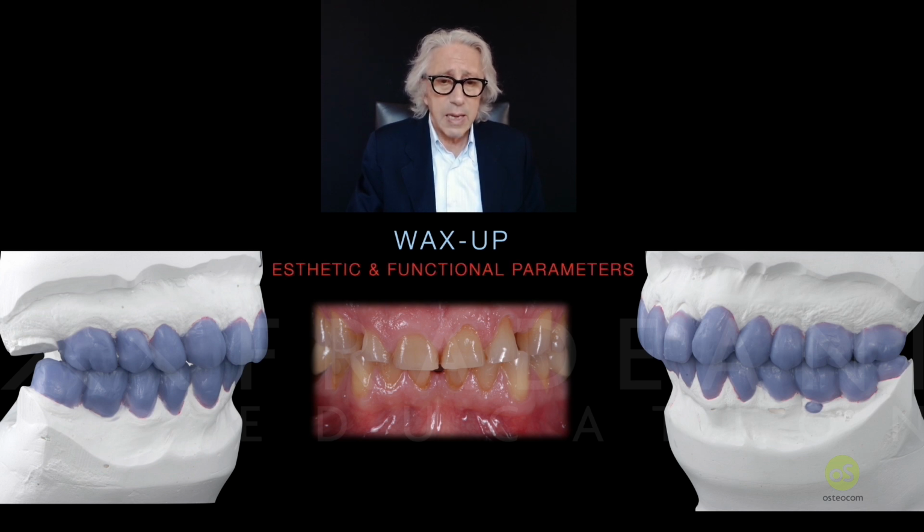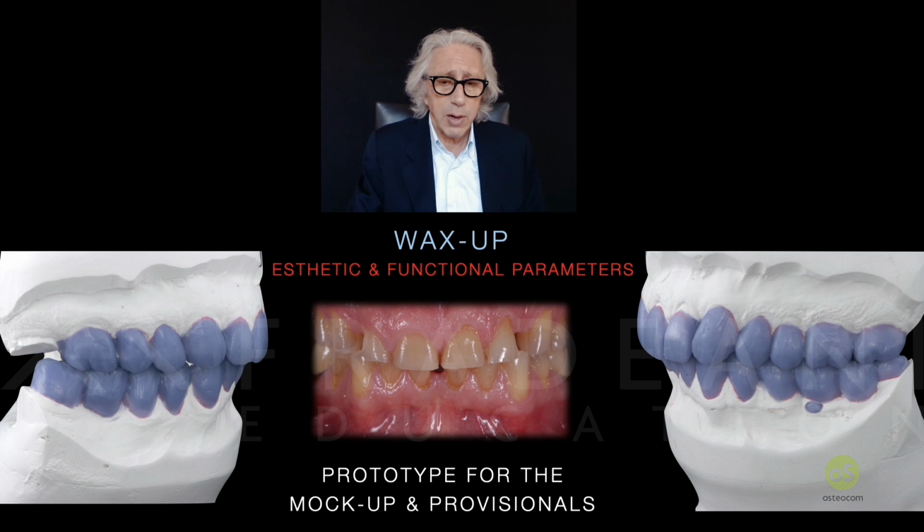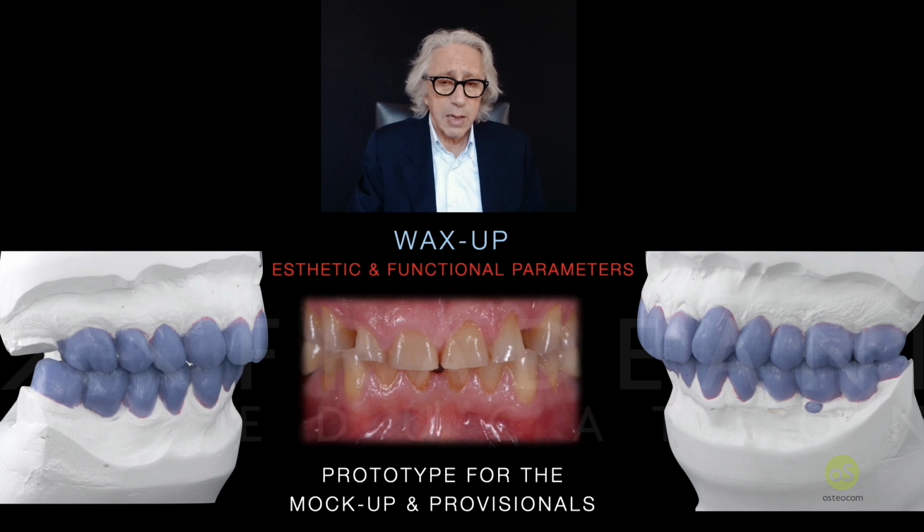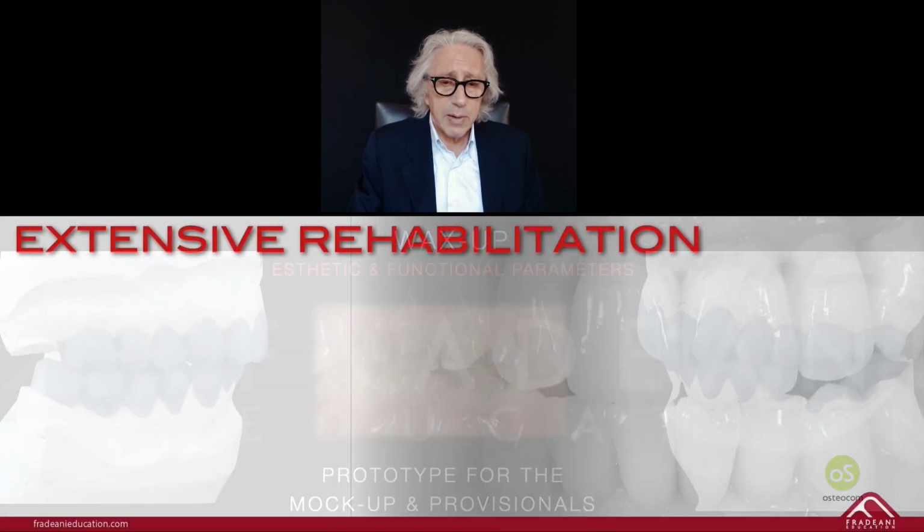So again, you check together with your team the aesthetic and functional parameters, and then you have the chance to have the prototype for the mock-up and provisional. It will be now in wax, but then we transform it into maybe acrylic or maybe bisacrylic.